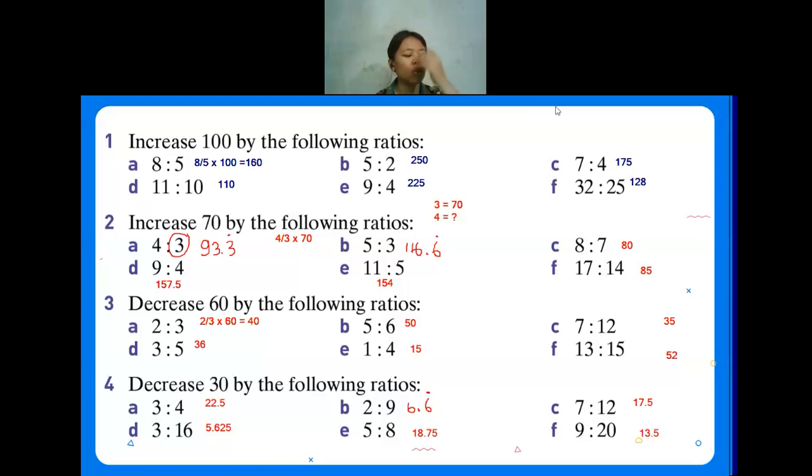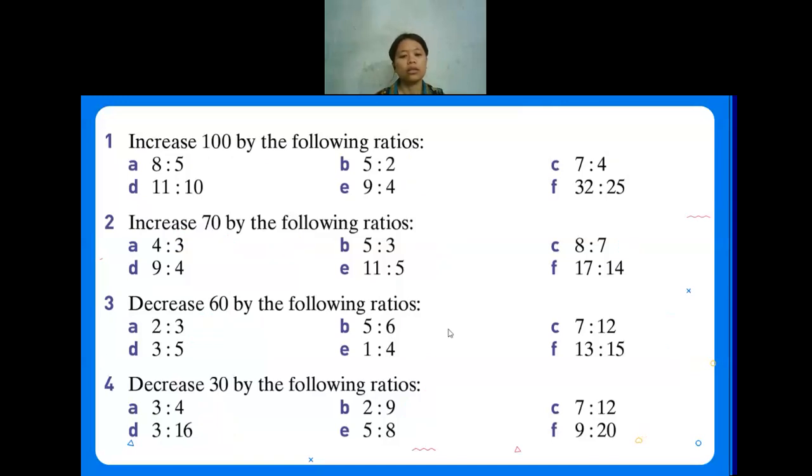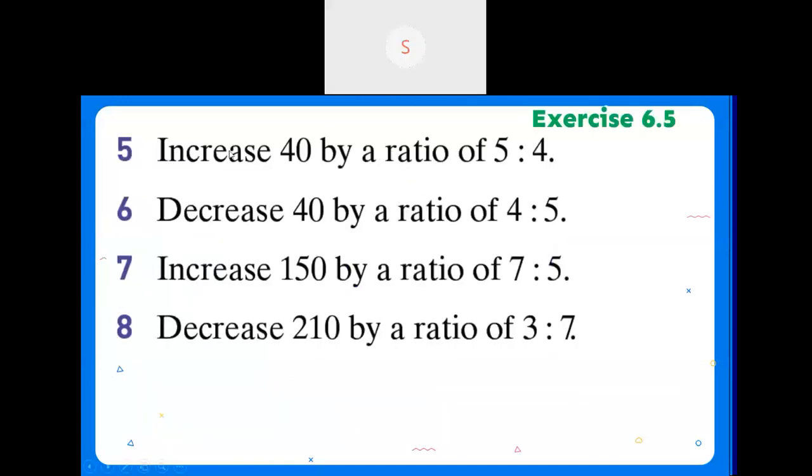I will move to question 5 until question 8. Here we have to decrease and also increase the number with the given ratio. Increase 40 by ratio 5 to 4. 50, teacher. Okay, good job.